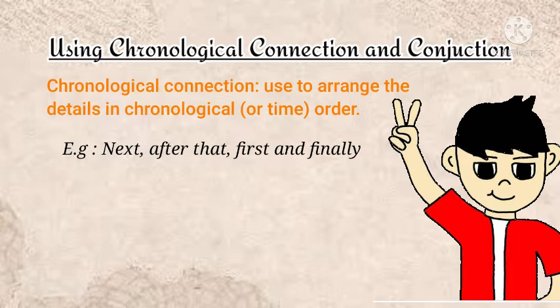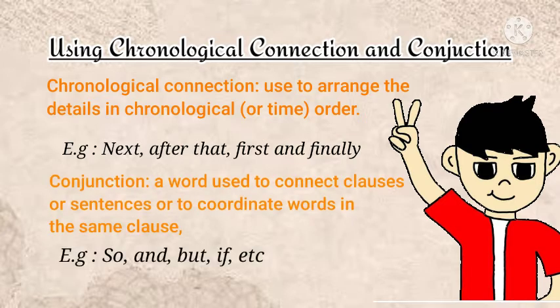For example, next, after that, first, and finally. While conjunction is a word used to connect clauses or sentences, or to coordinate words in the same clause. For example, so, and, but, and if.